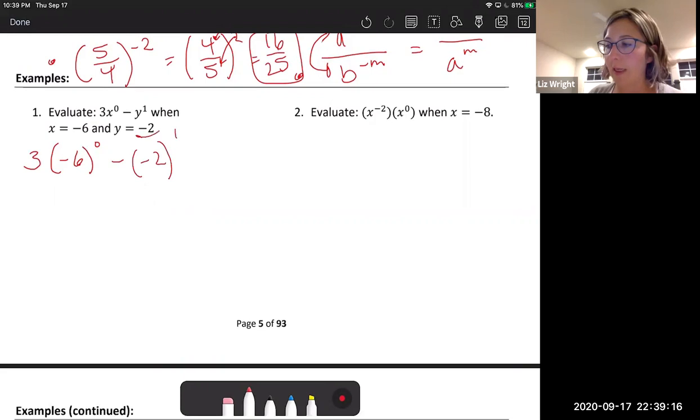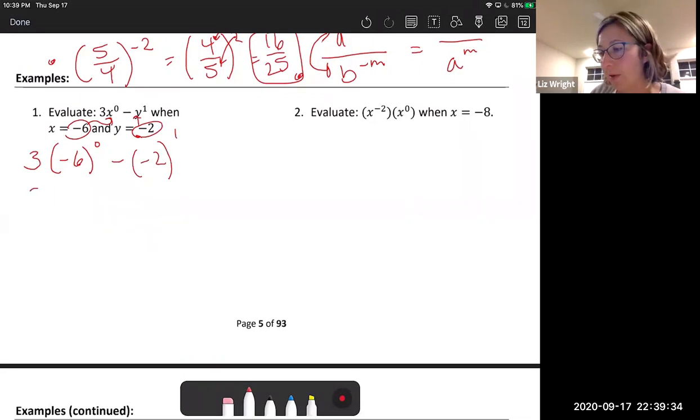So again, we're plugging this in for y, and we're plugging this in for x. So here, -6 to the 0, again, what does that equal? Does that equal 0? Does it equal 1? And I'm hoping you're all thinking in your heads 1. So even though it's a -6, it's still going to be 1.